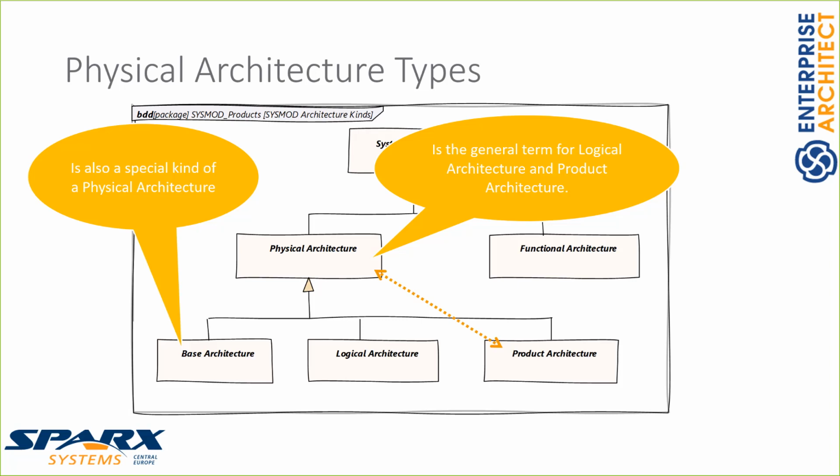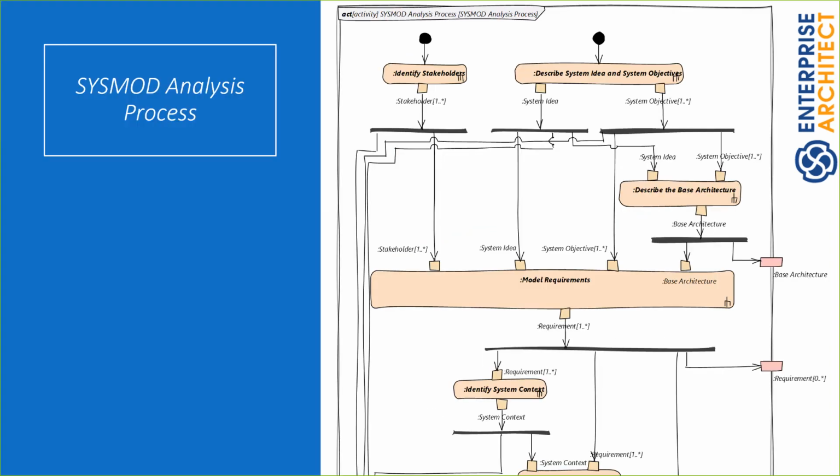You don't have to stick with the definitions. However, it is important that you have a clear definition of the different architecture kinds that you use in your projects, and it does not matter if they are identical with SysMOD definitions or ISO definitions, or you create your own. But once you create your own, you have to stick to it.